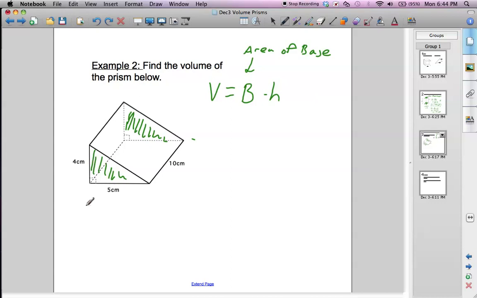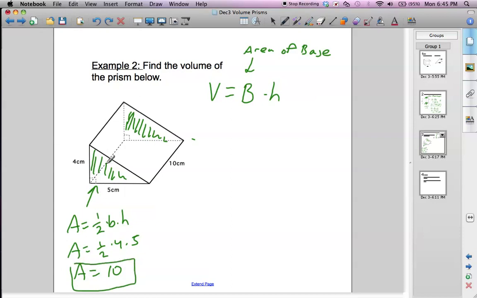The base in this example is a triangle, so we use the area of a triangle formula, half times base times height, which is half times 4 times 5, which is 2 times 5, which is 10.